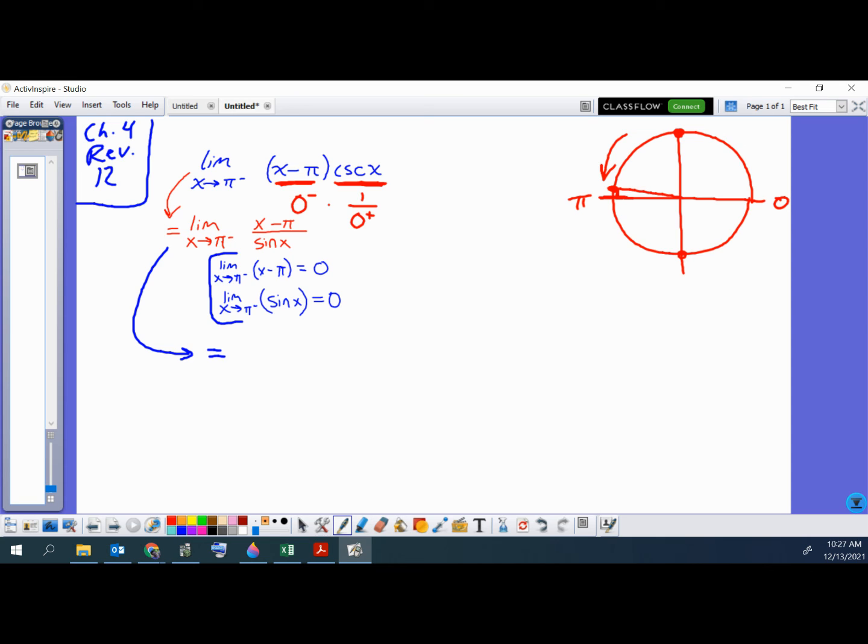So this limit equals the limit as x approaches pi from the left of, and now we can take the derivative of the numerator and the derivative of the denominator of that limit. The derivative of the numerator is just 1, right? Pi is a constant, and then the derivative of the denominator is cosine of x, and so we're good there.